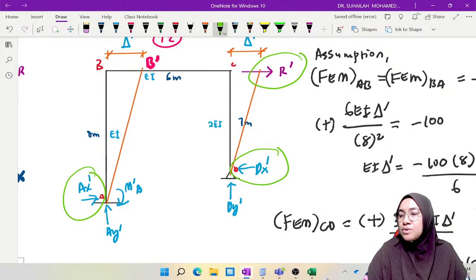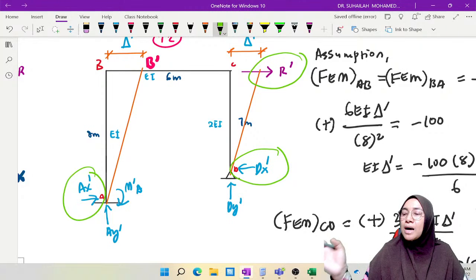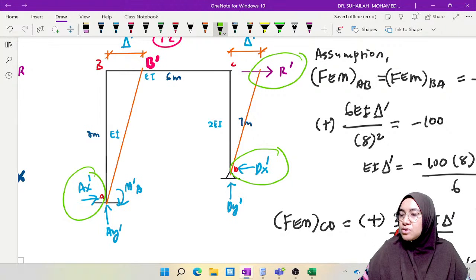This time we focus on R prime, table number 2. So total Fx is equal to 0: R prime plus AX prime minus DX prime.